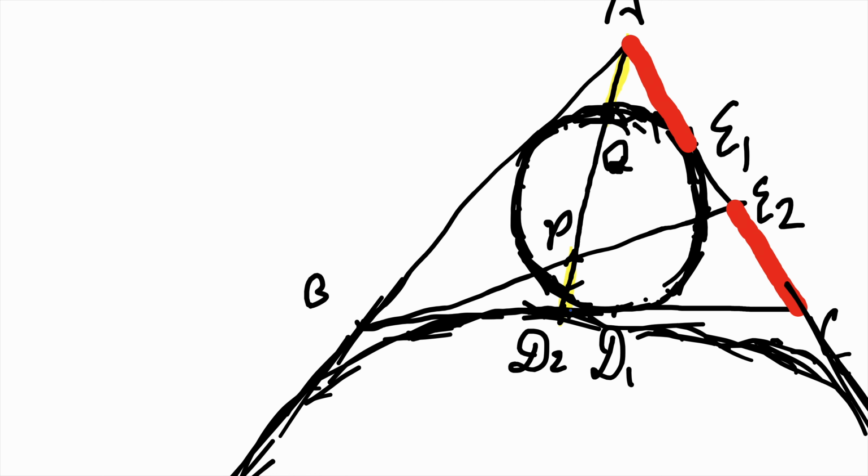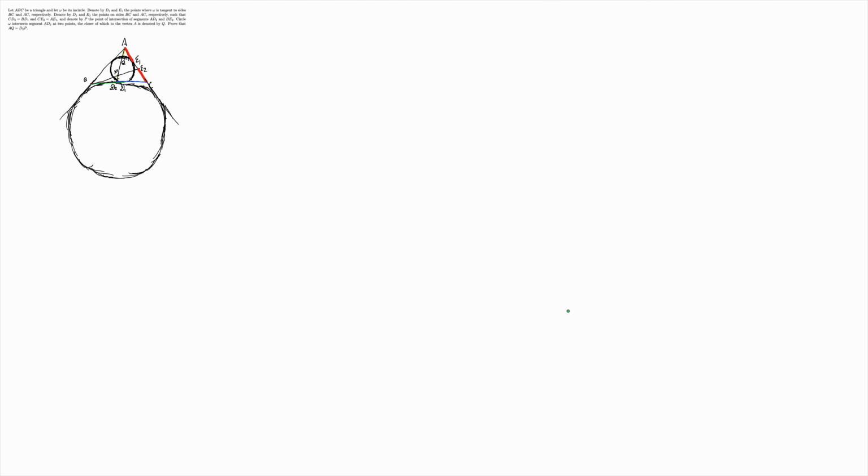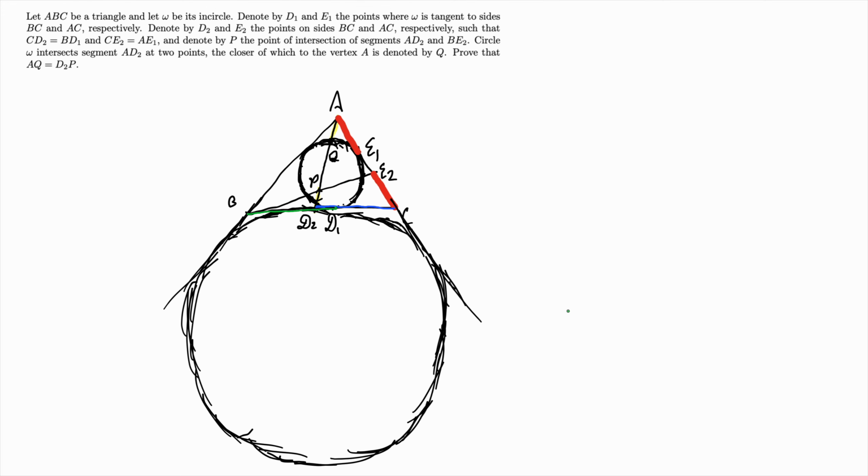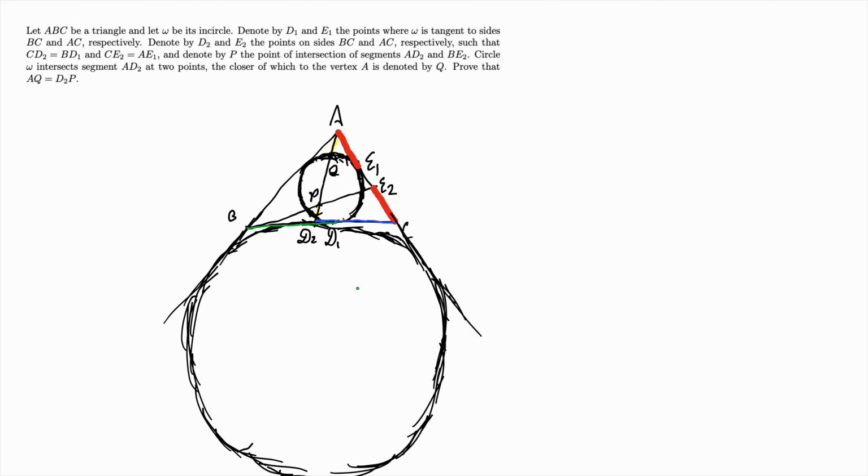So what we see right here, this length and this length are the same. They're given by the problem. Now our excircle is tangent to BC at D sub 2.